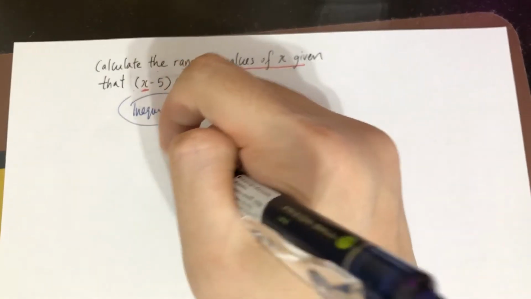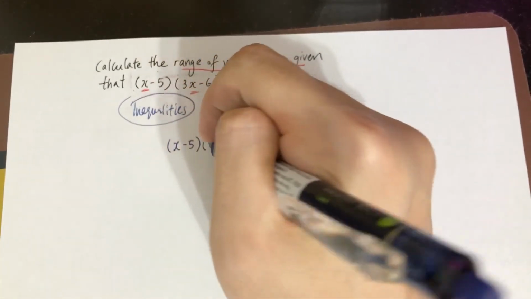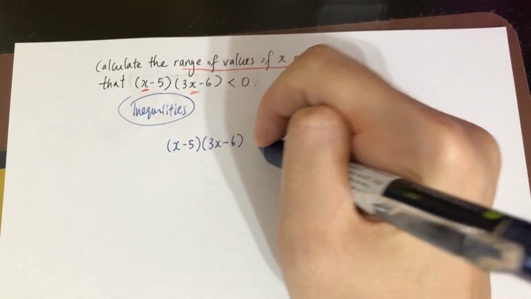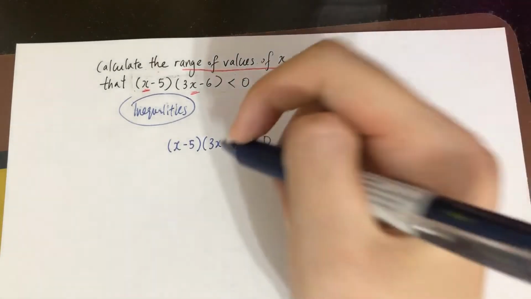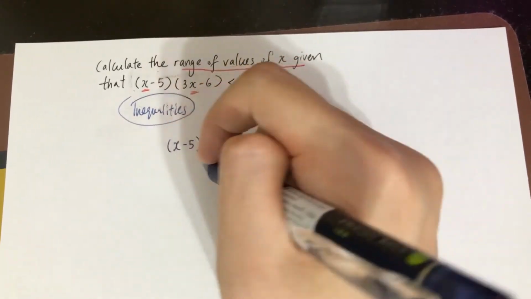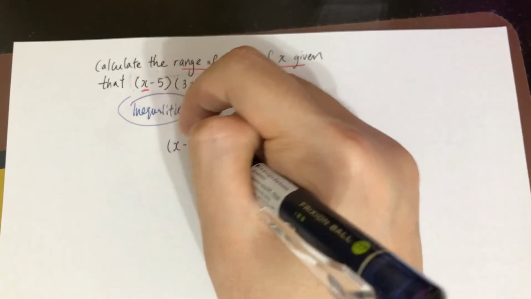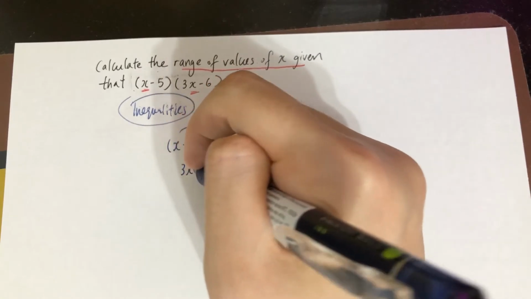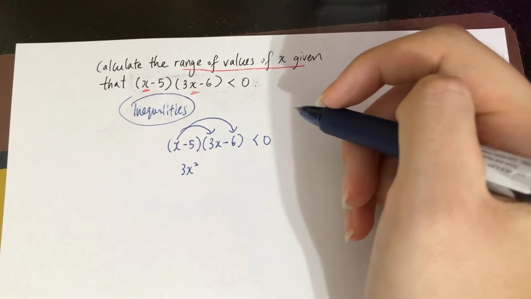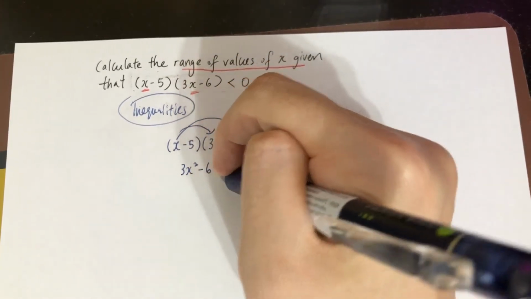So first step, work with what we are given. (x - 5)(3x - 6) is given to be less than 0. Use expansion to simplify these steps. So x times 3x, we will get 3x squared. x times negative 6, we will get negative 6x.